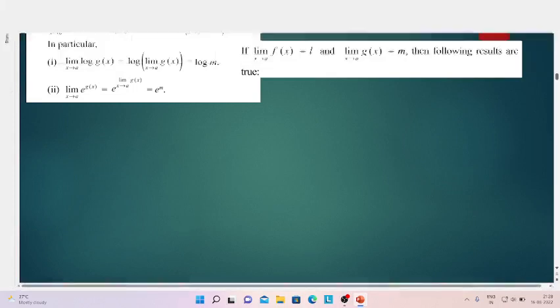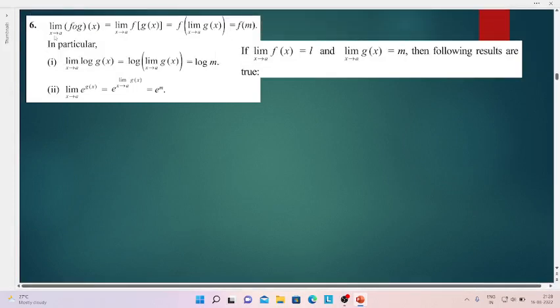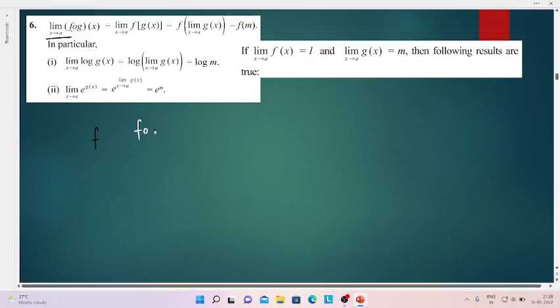These results say something about the limit as x tends to a of f composition g, sometimes said as f compose g, which means composition mapping.